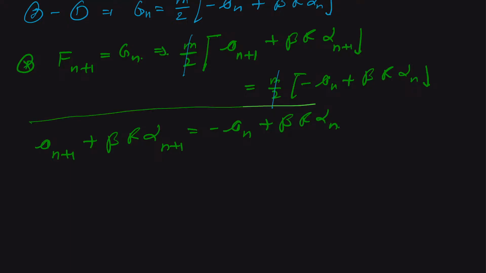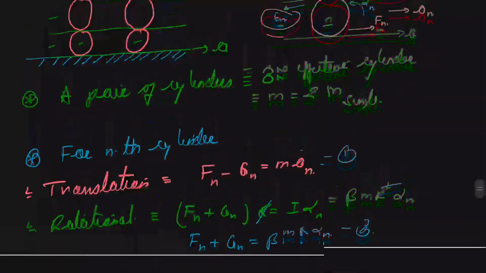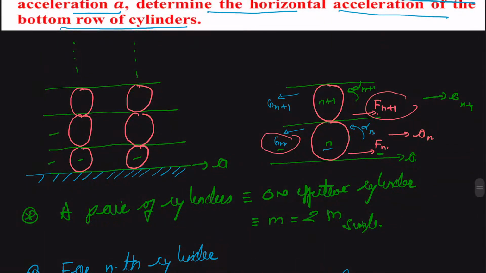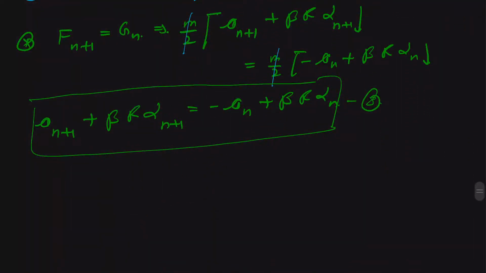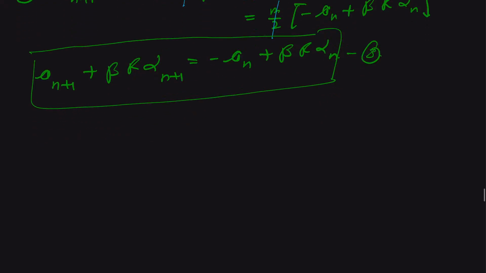And let us call this equation number 3. And this we can just replicate to the next part. Okay, so this is for n plus 1, so we can replicate this for n plus 2 as well, up till infinity. Okay. But we are only interested in the bottommost part. Therefore we have to solve for the first 2 planks, and that is going to sort it out.